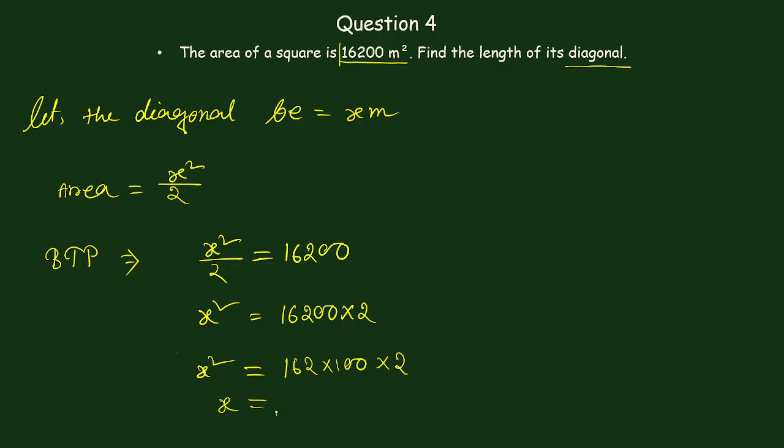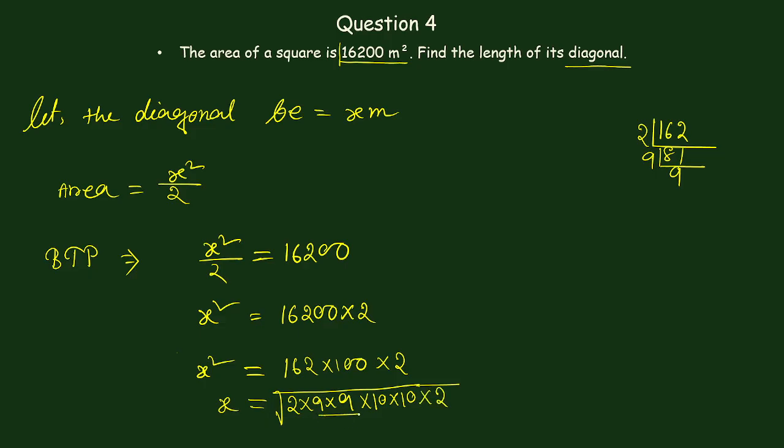So basically the calculation will be much easier, right? So x will be under root. Now 162, do the prime factorization. So 2 into 81, and 81 is 9 into 9. So 2 into 9 into 9. Now 100 can be written as 10 into 10 and the 2 is here also.